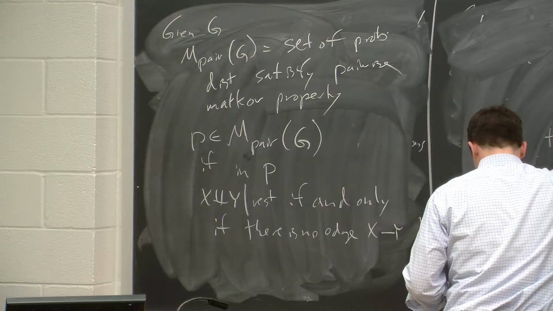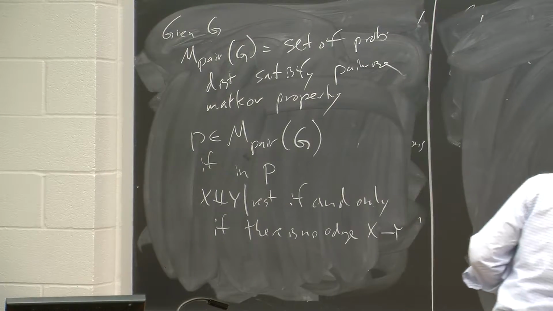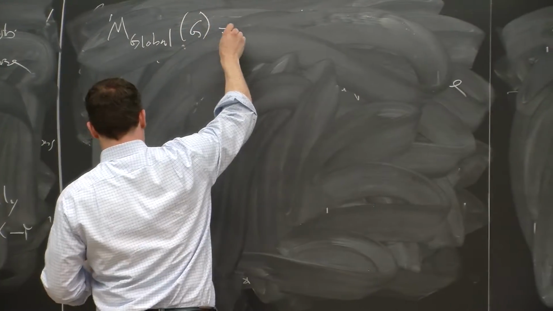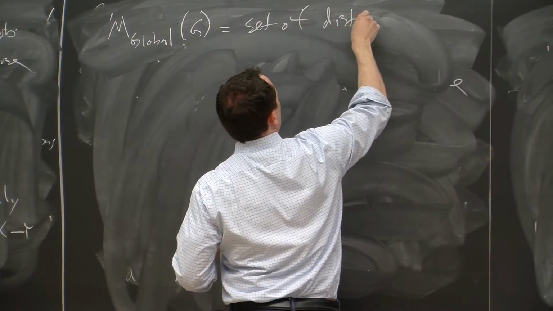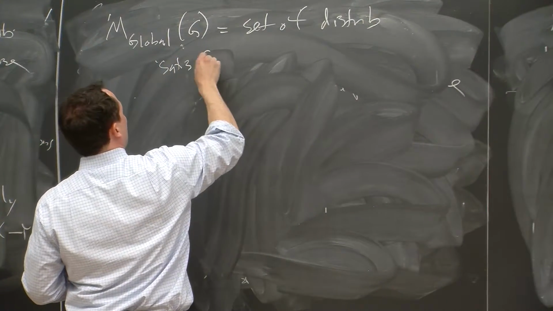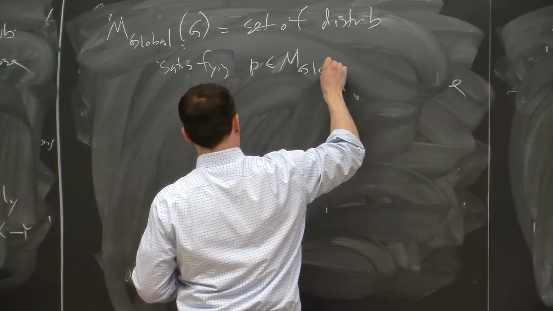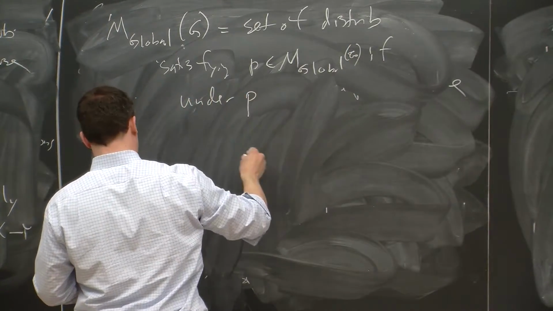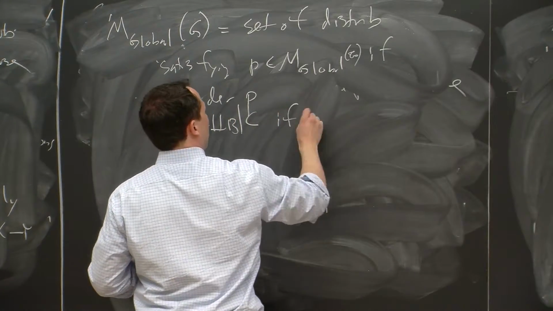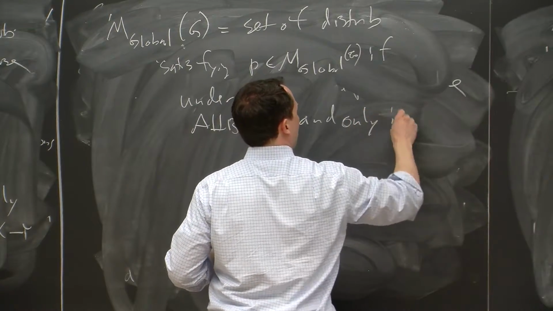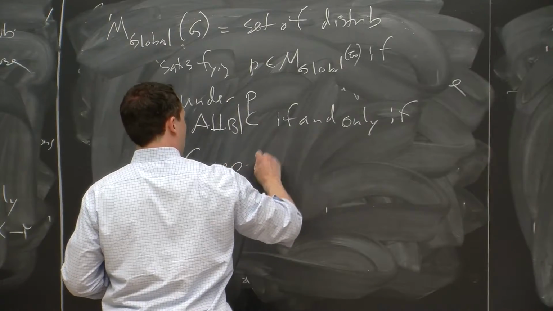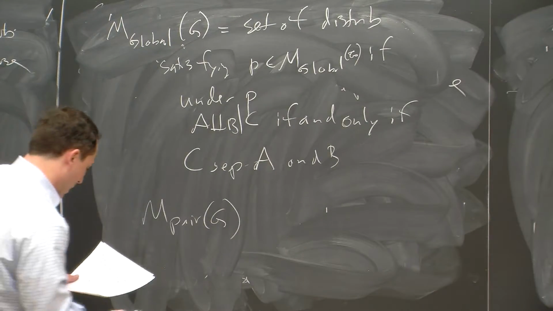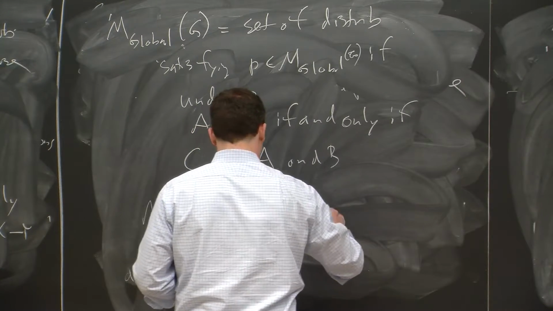And then there's a global Markov property, which is the set of distributions satisfying that P is in M global if, in the case of this probability distribution, A is independent of B given C, if and only if C separates A and B. So what we're saying is that the set of all probability distributions that satisfy the pairwise Markov property on G is equal to the set of ones that satisfy this global property.